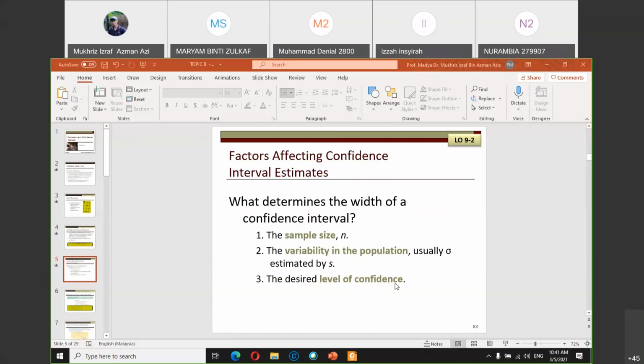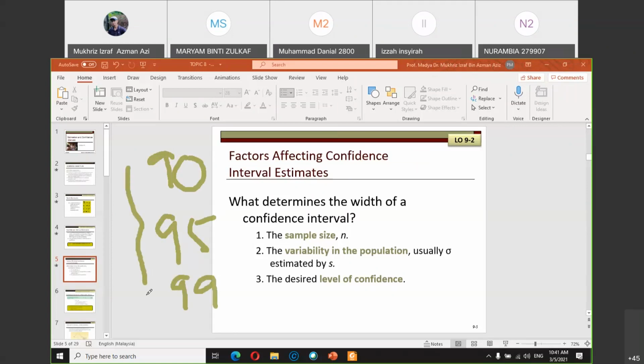If from your findings you are highly confident, then this value will become higher, 95. Usually in statistics, the most common ones will be 90%, 95%, and 99%. So these are the three common confidence interval percentages.